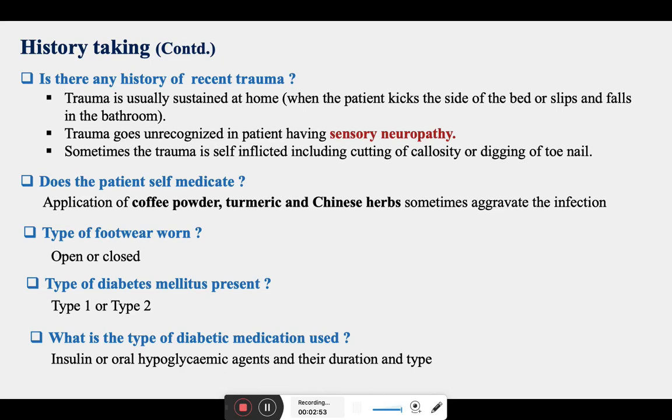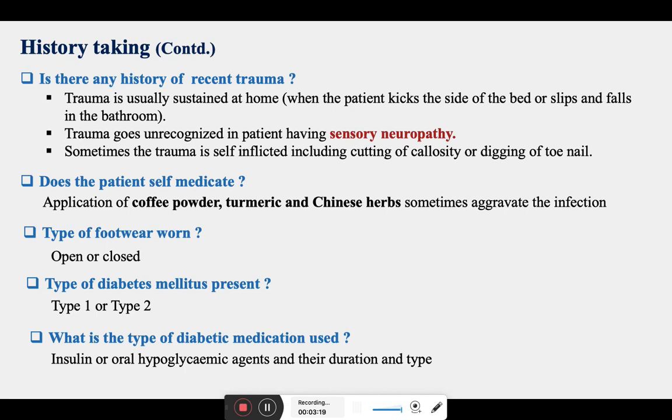Now, once a patient has sensory neuropathy, he does not know when he has sustained an injury. Injury may be just by hitting the corner of the bed or the table. So, a wound can form on the foot which may go unnoticed because of sensory neuropathy.